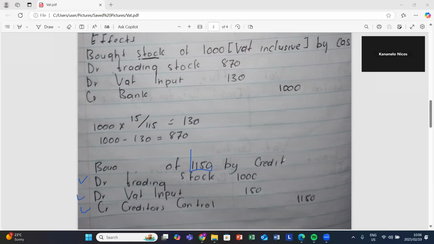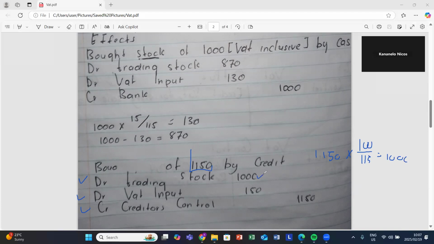So what will be the effect? You'll have to calculate your VAT exclusive trading stock value. Therefore, we'll say amount multiplied by what I want over what I have, meaning multiply by 100 divided by 115. And then we'll get to a VAT exclusive amount, which amounts to 1,000 rand.